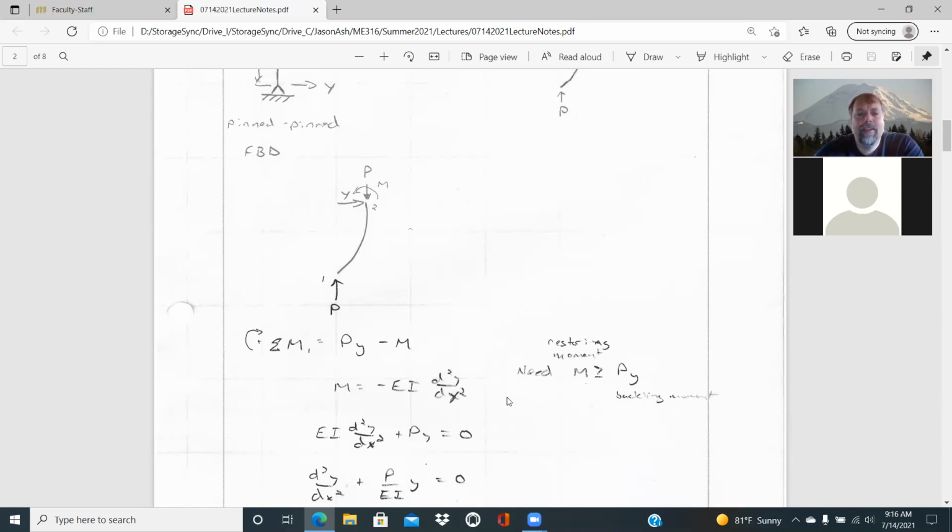And the main thing that needs to happen for it to remain stable is that moment needs to be greater than or equal to PY, which is kind of an overturning moment. And so if we plug that into the equation there, we have EI d squared Y dx squared plus PY is equal to 0.